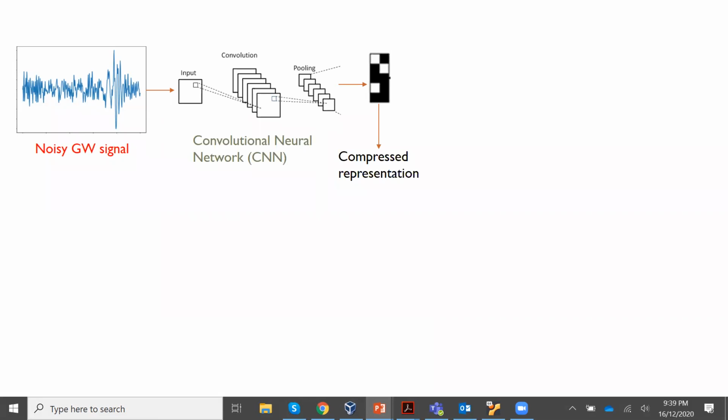It has convolutional kernels which convolve over the input images and produce these feature vectors. Then we have some pooling layers which reduce the dimension of these feature vectors. Using these steps, it tries to extract the essential features from the input signals, and we get a compressed representation of the signal.